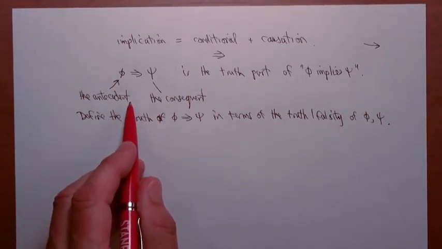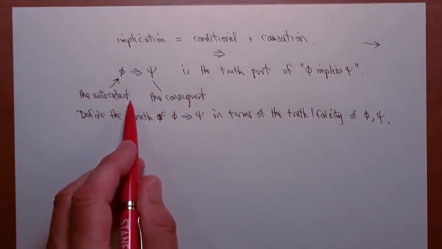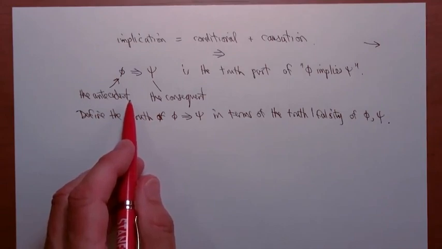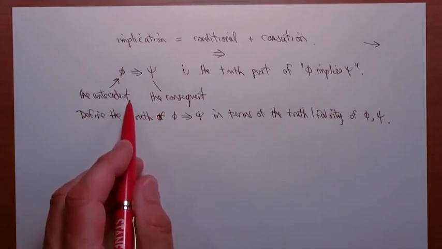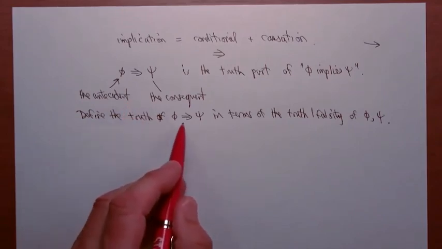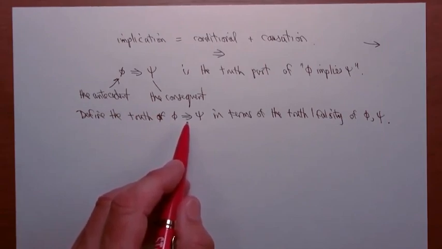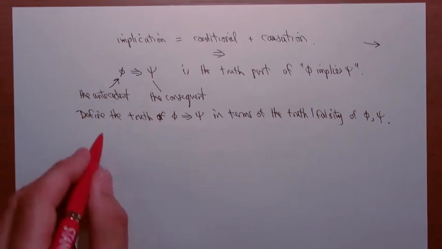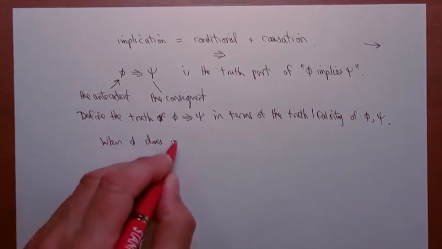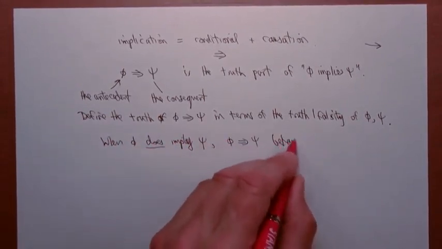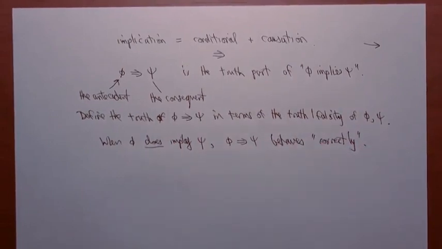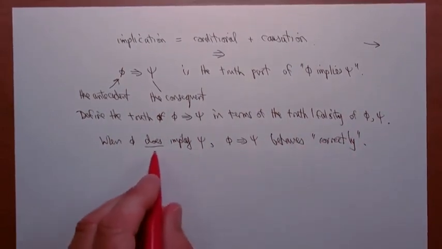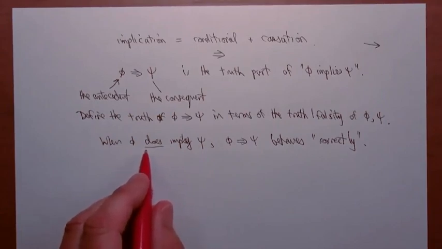And the reason is, whenever we have a genuine implication, which are actually the only circumstances in which we're ultimately going to be interested, the truth behaviour of the conditional is the correct one. It really does capture what happens with truth and falsity when we have a genuine implication. That probably seems a bit mysterious at this stage, but when we start to look at some examples, I think it should become clear what I mean.